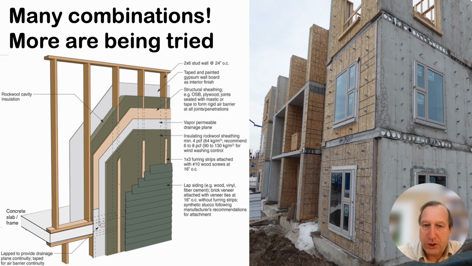This is a project in Milton where we're seeing concrete shear walls, precast hollow core planks for the floors, and yet all the end walls are made of wood framing like you would build a house.